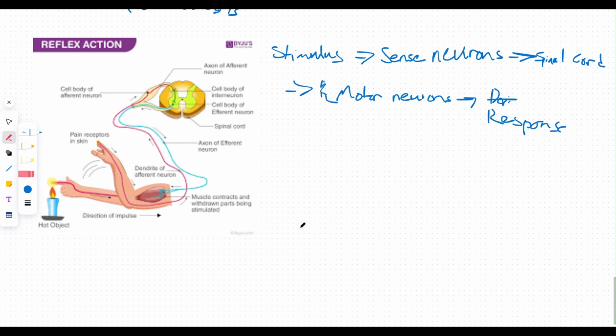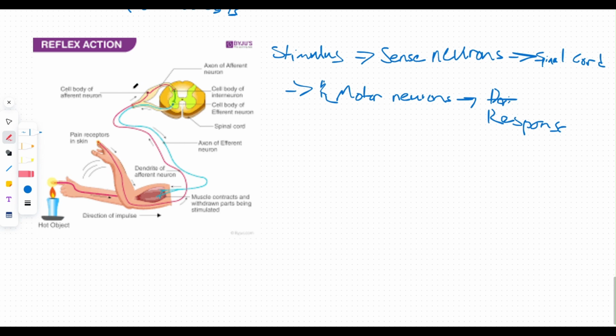So that's basically it. This is a reflex action. Quite fascinating if you ask me.